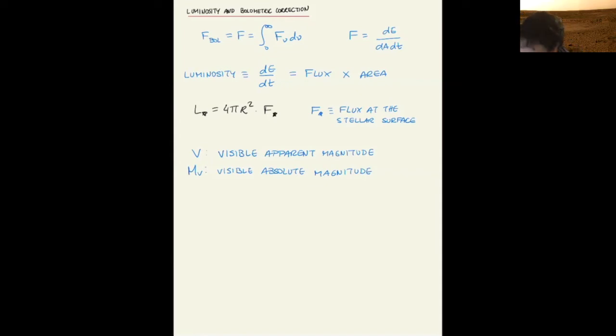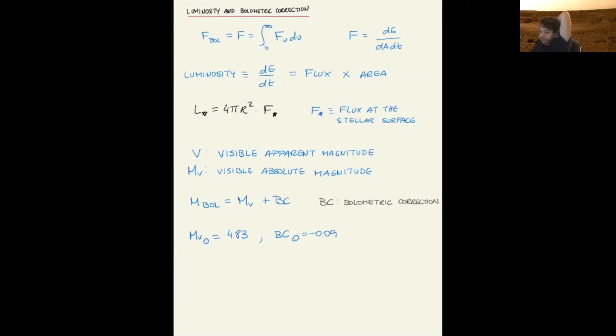Let's call it BC. So for the sun, the absolute visible magnitude is 4.83, and the bolometric correction is minus 0.09. So the sun has only marginal bolometric correction because most of its energy is radiated in the visible.